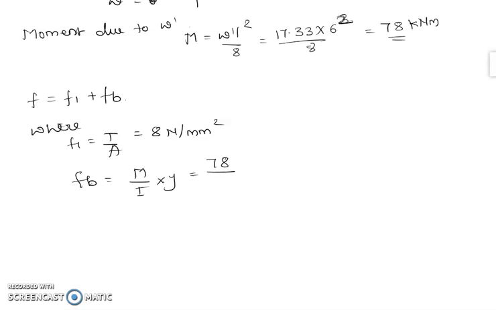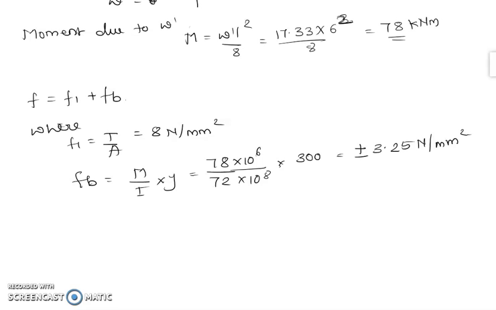So 78 upon 7, this into 10 raised to 6 into 10 raised to 8 into 300. This gives us a value of plus or minus 3.25 Newton per mm square.